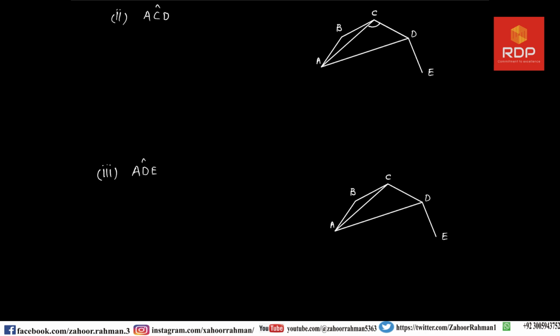If we by any means find this angle, then we will subtract it from the whole, and as a result we will be able to find this angle. This is our plan. So let us do practical work on our plan.